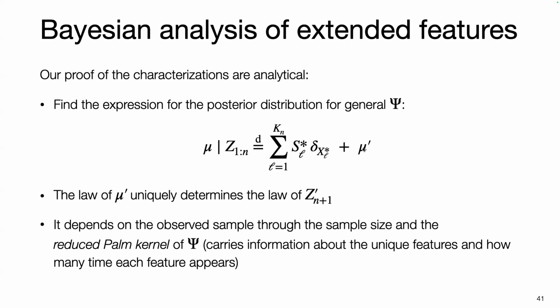We know that we depend on the sample through the sample size and the reduced Palm kernel of psi, which I will explain, at least give an intuition of what it is, in a second. This reduced Palm kernel carries information about the unique features, so the labels x star 1 to x star K_n, their cardinality, and how many times each feature appears. So this depends on the whole sample in general.